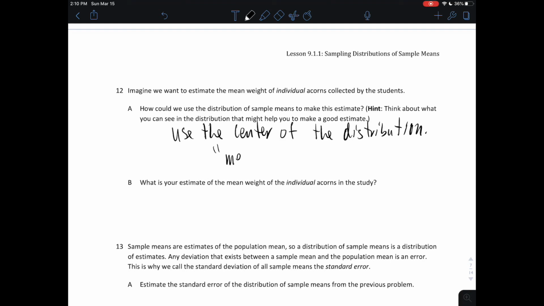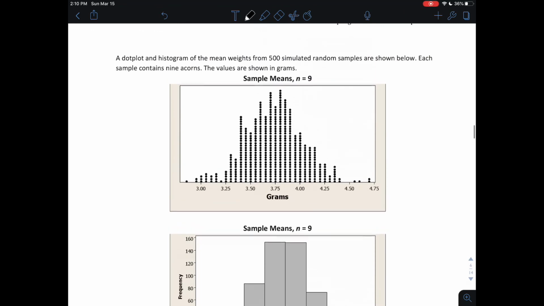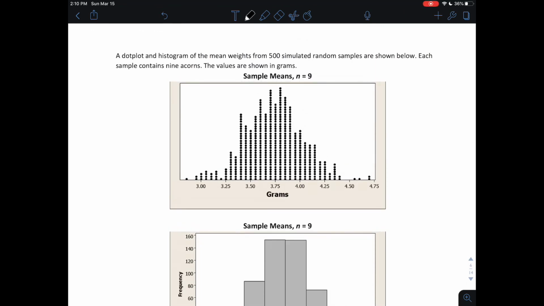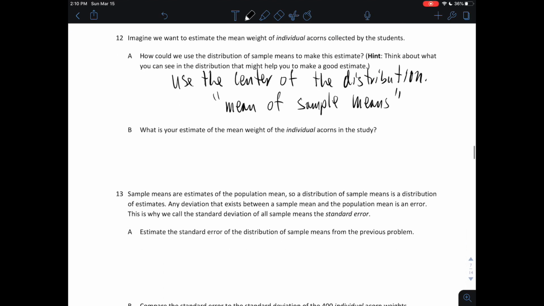This would be the mean of the sample means. So looking at our dot plot above, if we choose something that looks to be in the center, maybe something like 3.75 grams.